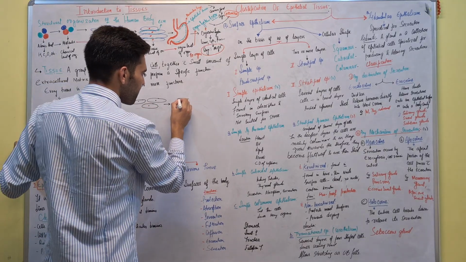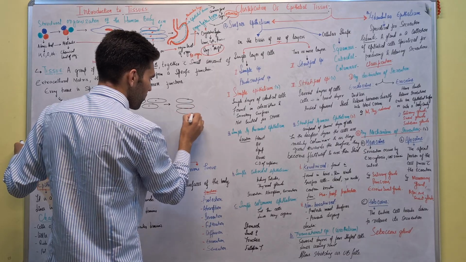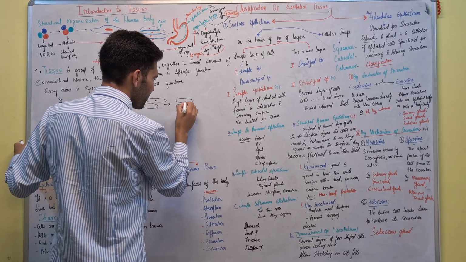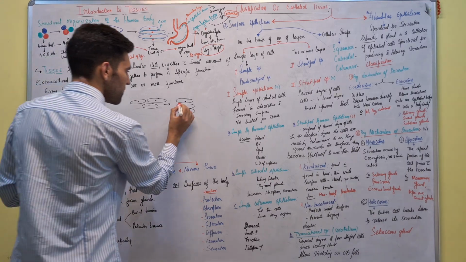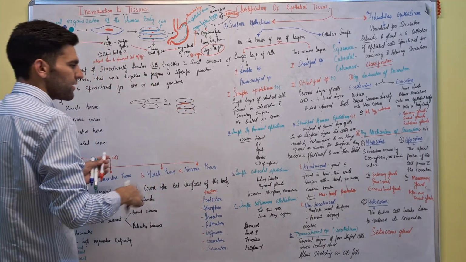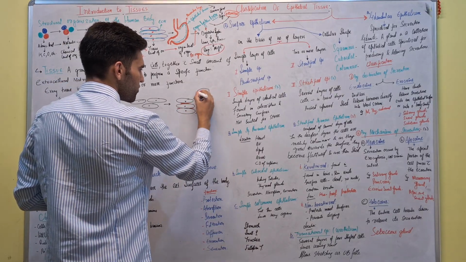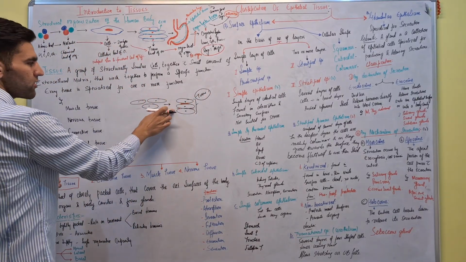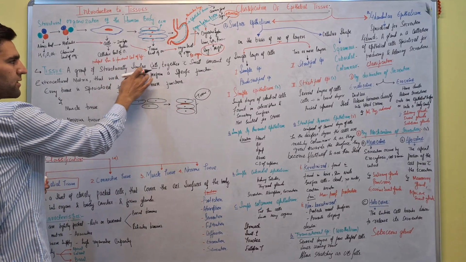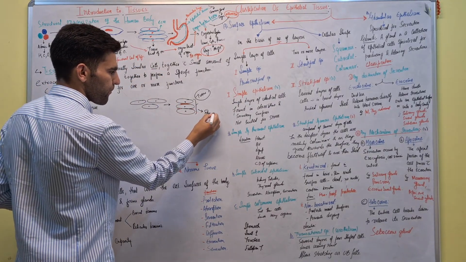When they combine together with some extracellular matrix, they form tissue. So a tissue is a combination of extracellular matrix and structurally similar cells, and they perform a specific function.